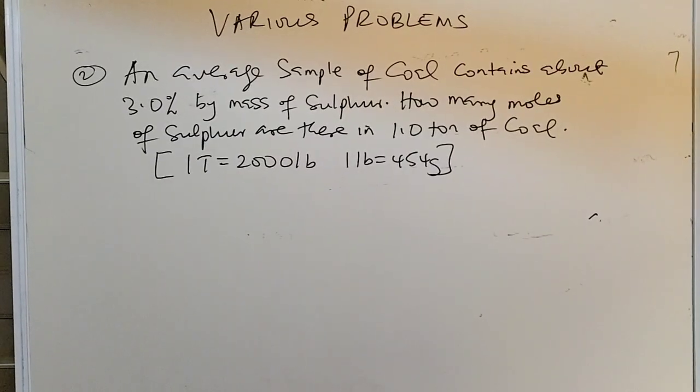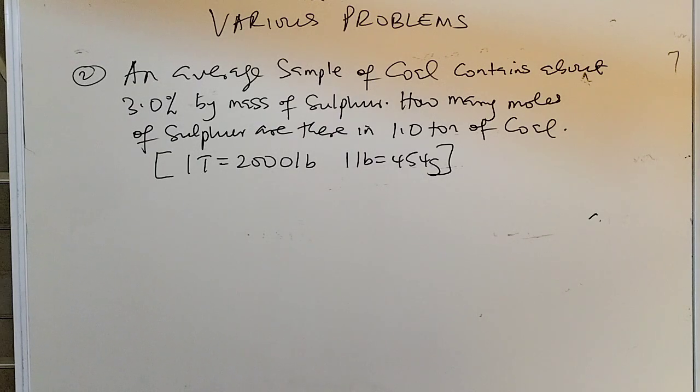So let's look at the question on the whiteboard. An average sample of coal contains about 3.0% by mass of sulfur. How many moles of sulfur are there in 1.0 ton of coal? And in brackets, we're given some conversion units. 1 ton is 2,000 pound weight, and 1 pound weight gives us 454 grams.